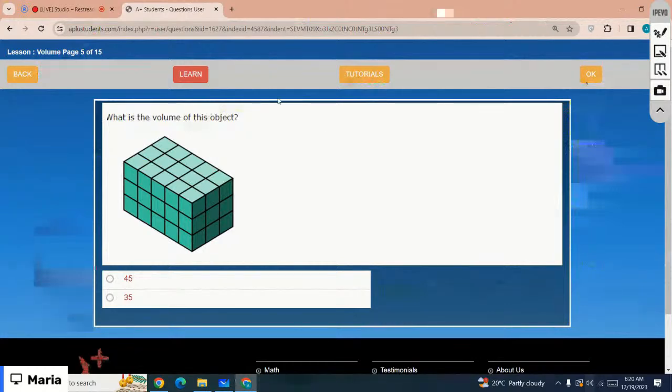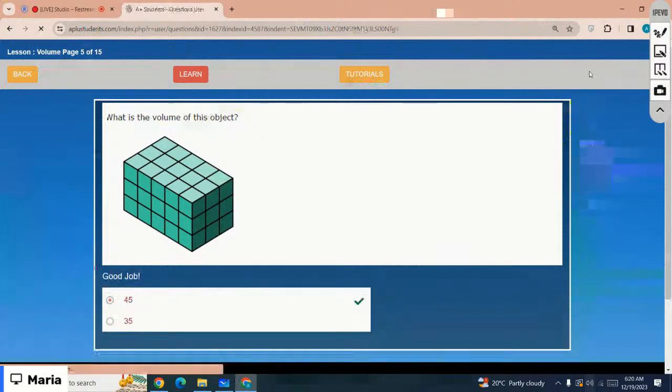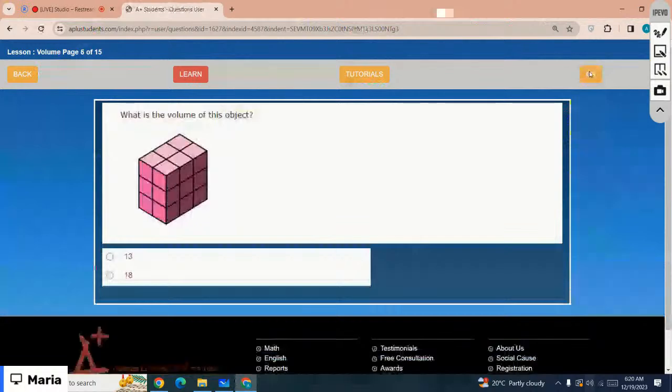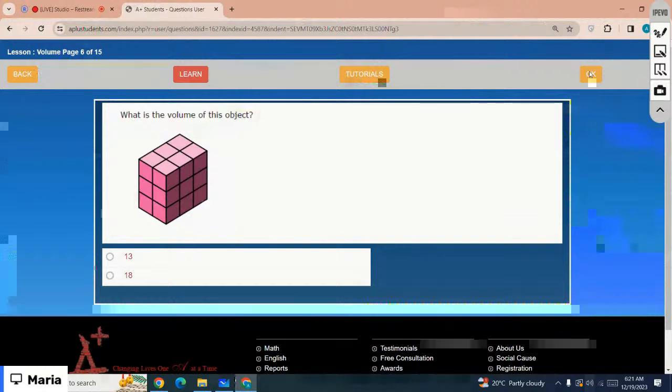Very good. The correct option is 45. 3 times 3 is 9 and 9 times 5 is 45. So the correct option is 45. What is the volume of the object? So which is the correct option? Very good.